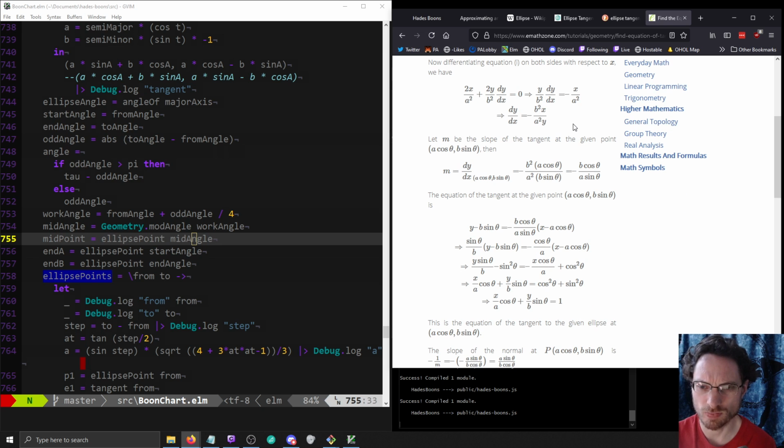Let M be the slope of the tangent. So this is a single integer slope factor. Well, I guess no, it's floating point, but real.